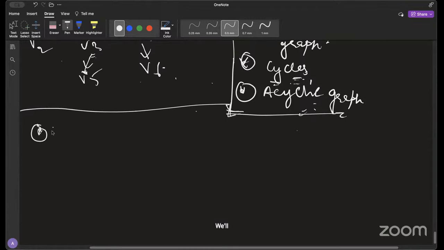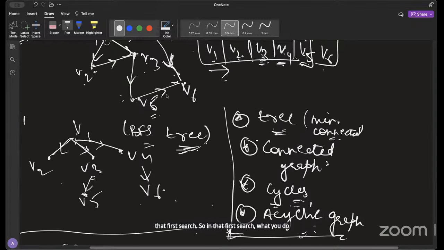We'll start with DFS, depth first search. So in a depth first search, we'll just do it for this graph only.